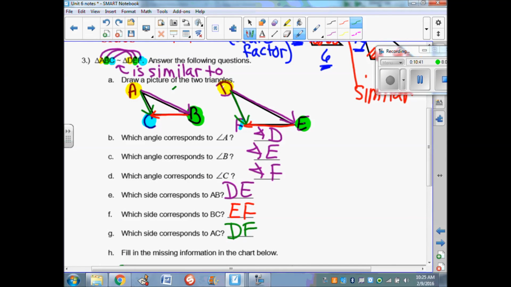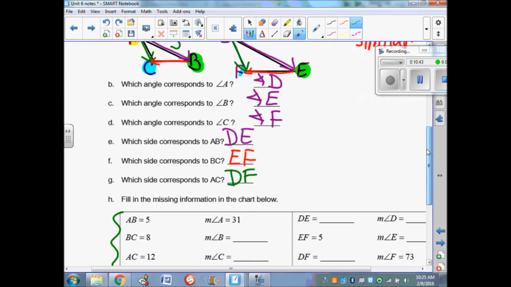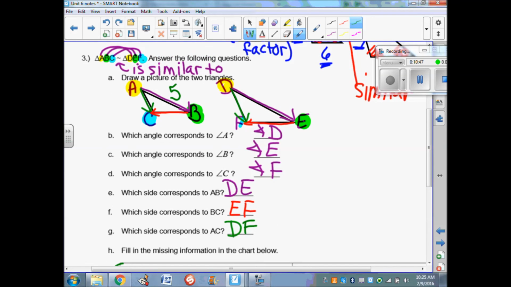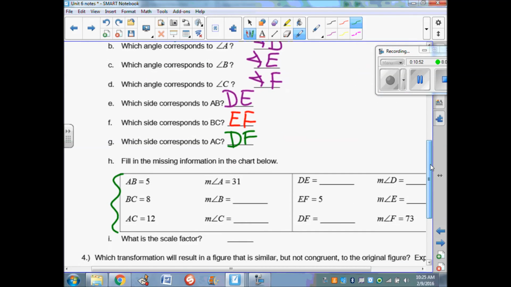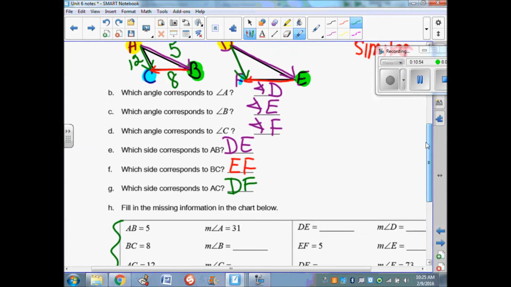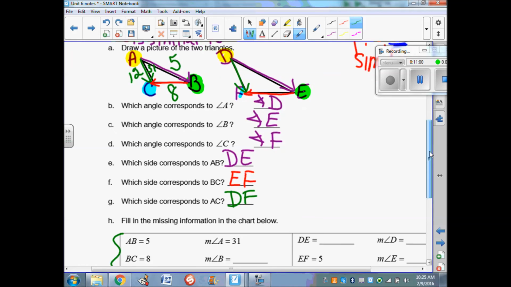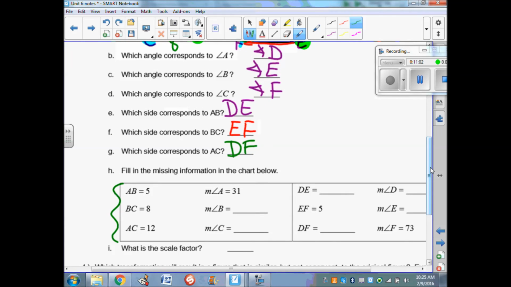AB is 5, BC is 8, and AC is 12. Angle A is 31. Putting in any information that I have that they're giving to me. I don't know angle B or angle C.